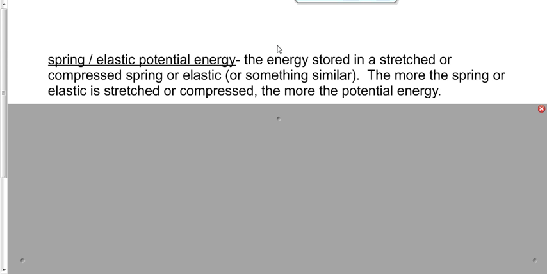So it's better to store the energy as elastic potential energy in the rubber bumper than it is to transfer the kinetic energy directly to you and have you have a really big jolt and get whiplash or something like that. So elastic potential energy, spring potential energy is the energy that's stored in a spring or elastic or something similar like a bumper car bumper. The more the spring or elastic or bumper is stretched or compressed, then the more potential energy that we have there.